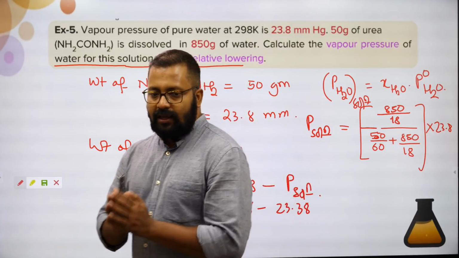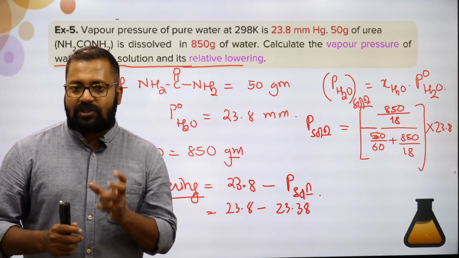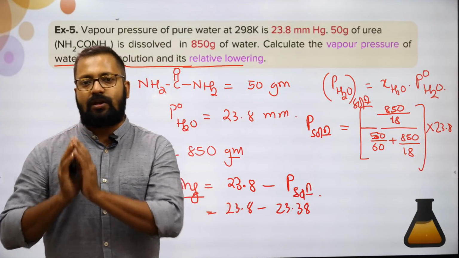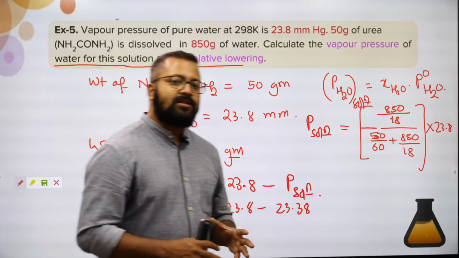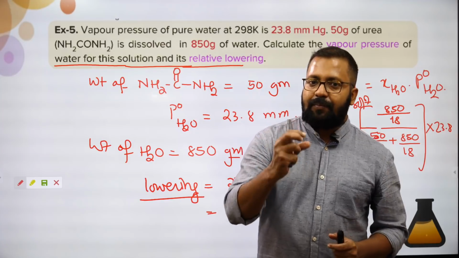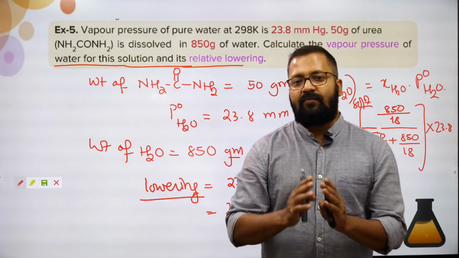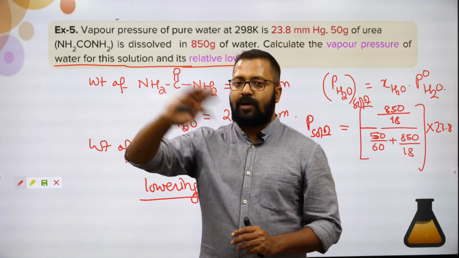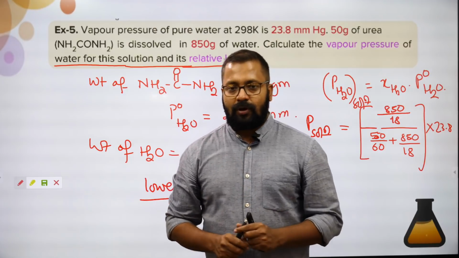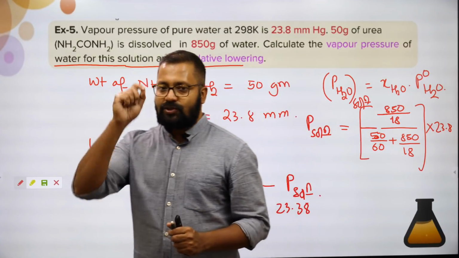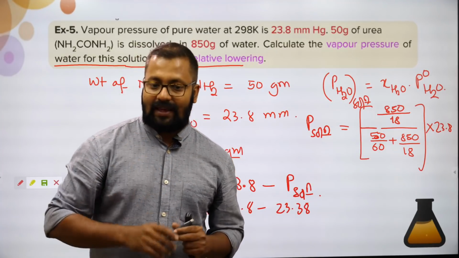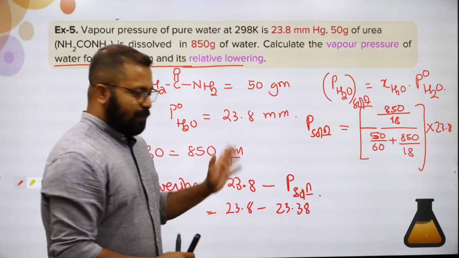Boiling point is the temperature at which the vapor pressure of the solution becomes equal to the external atmospheric pressure. हम मान के चलते हैं कि external atmospheric pressure is equal to 1 atmosphere. So when the vapor pressure becomes equal to 1 atmosphere, that temperature will be the boiling point of the solution. So when you add a solute to a solvent, the vapor pressure decreases, so the boiling point will increase.